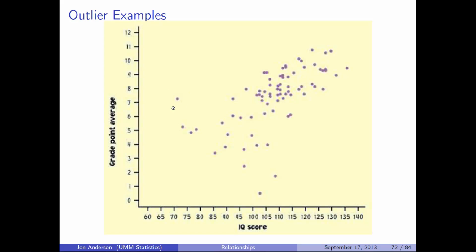In contrast, think about a point where a student like this one, they have the lowest intelligence of any student in the data set, but yet their grade point average is sort of reasonable. This is an unusual case or an outlier also. They have a pattern that's not really consistent with what the rest of the data would say.